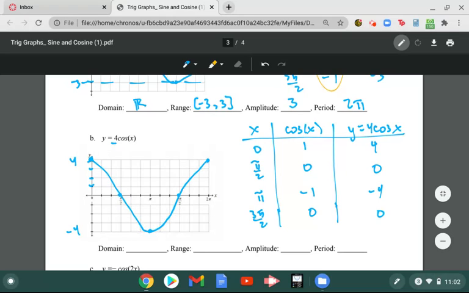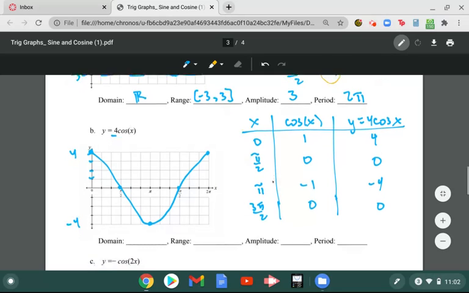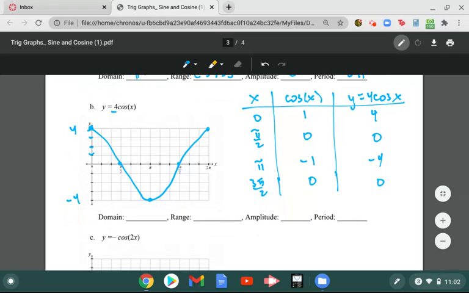So I get that same horseshoe shape that I'm finishing within 0 to 2 pi, but I've got some changes to the range and amplitude. So my domain is still all real numbers. My range is changed. Now it's going to go as low as negative 4, but it's bound above by 4. So my range is negative 4 to 4.